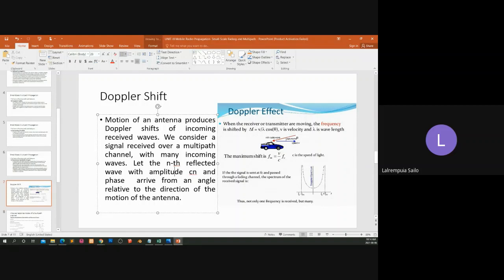V is the velocity, the moving velocity of the vehicle, and lambda is the wavelength.